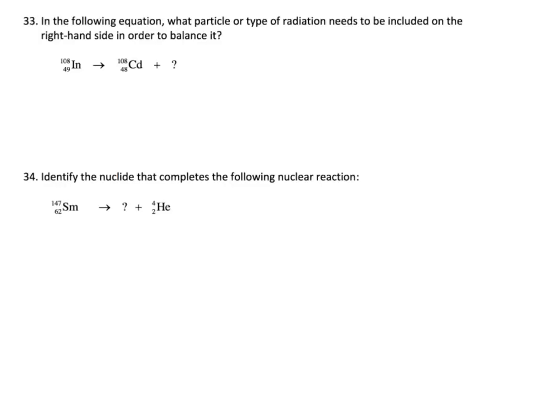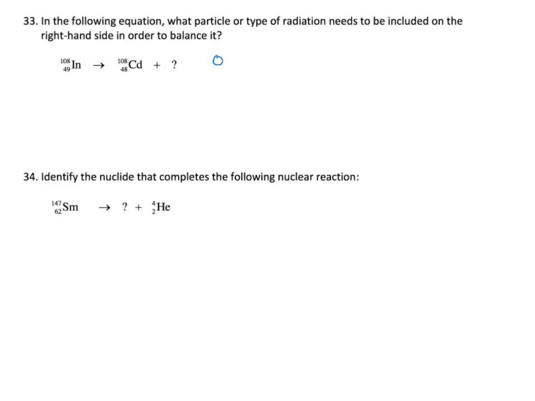In the following equation, what particle or type of radiation needs to be included on the right-hand side in order to balance it? So here we have indium-108 going to cadmium-108. And what else is produced? Well, we know whatever it is that's produced must have a mass number of 0 because the sum of the mass numbers on the left and the sum of the mass numbers on the right have to be equal.